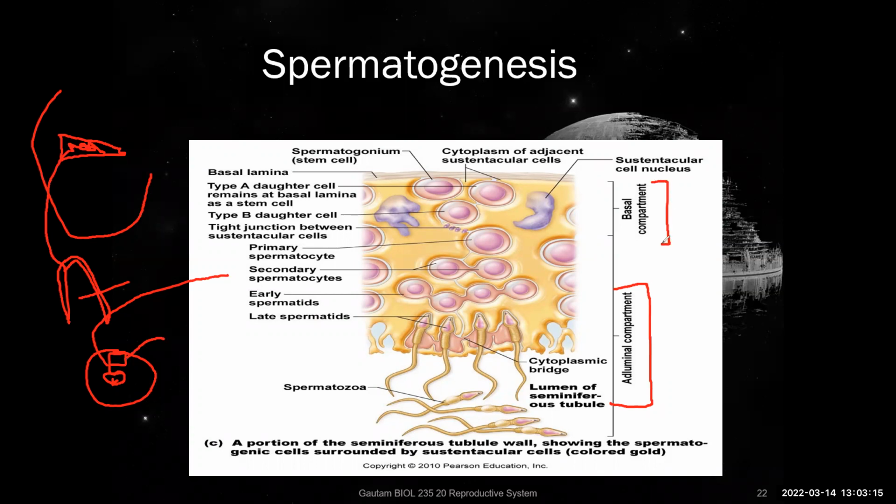Okay, so basal compartment, if we wanted to label it to make it simpler, A and B. So then this would be A, the region that's away from the lumen, and then the region that's close to the lumen is B, which is the adluminal compartment. So spermatogenesis occurs from the basal compartment to the adluminal compartment.